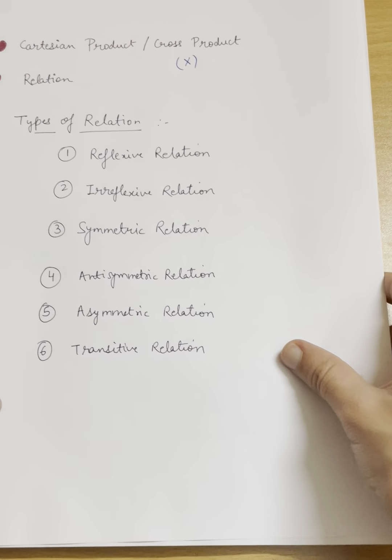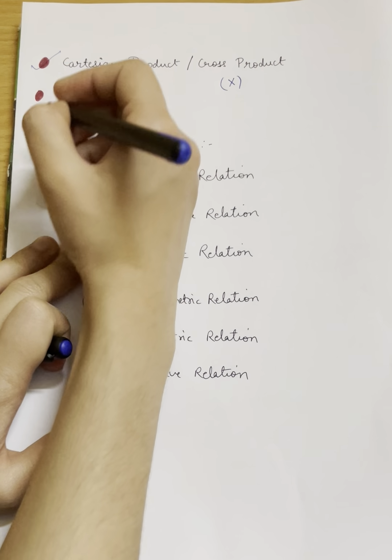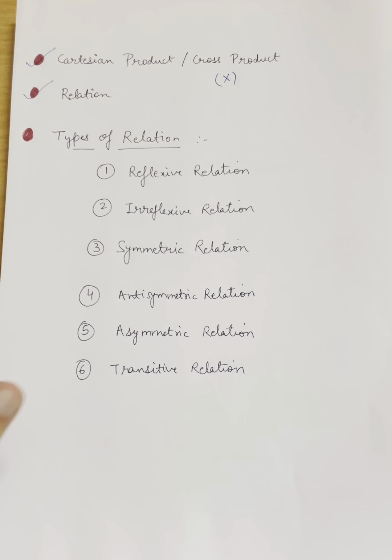Okay, now that we have covered both Cartesian product and relation, focus on the types of relation. There are a total of 6 types of relations.